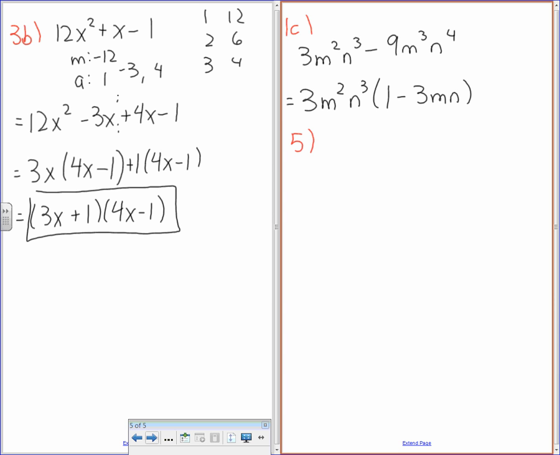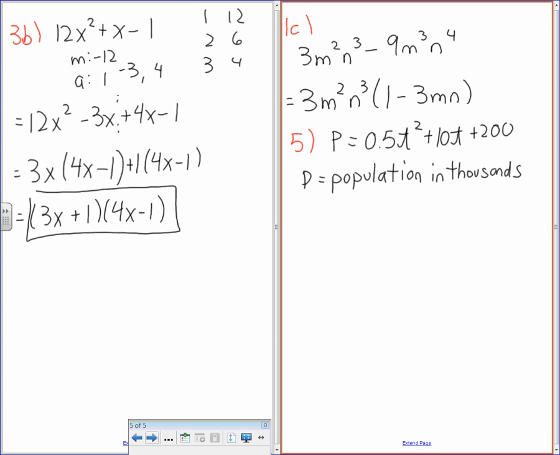Number 5. Okay, now this one, I don't know why I assign this every year. I shouldn't, because it's worded very poorly. This is number 5 on page 558. It says the population of a city is P equals 0.5 T squared plus 10T plus 200, where P is population in thousands, and T equals 0 means 2,000.